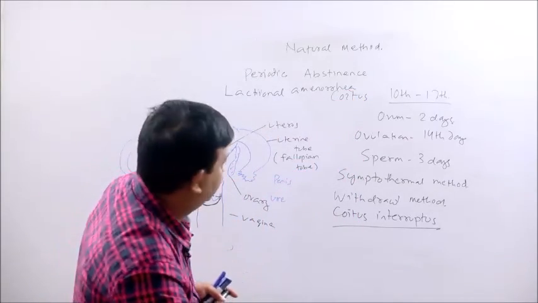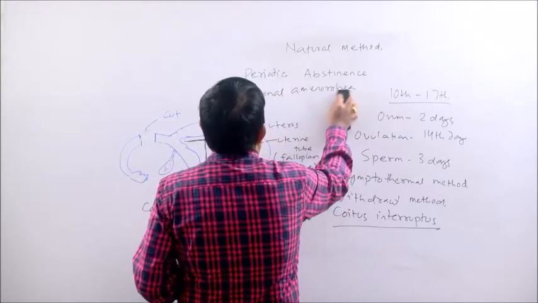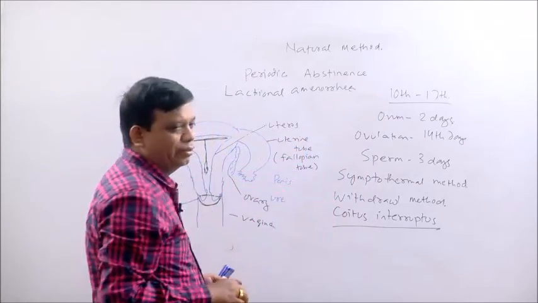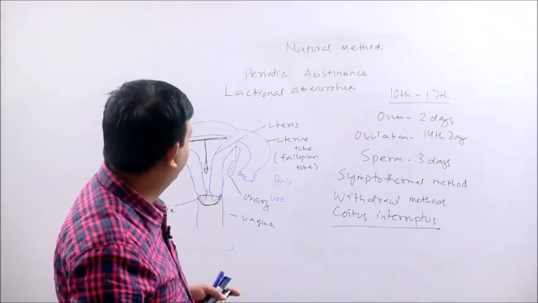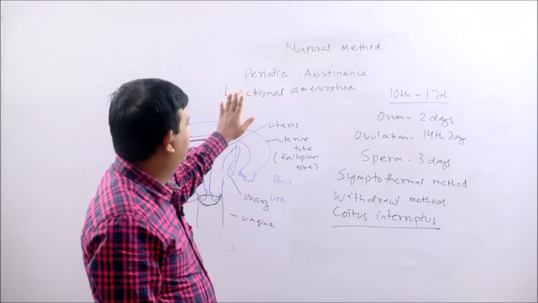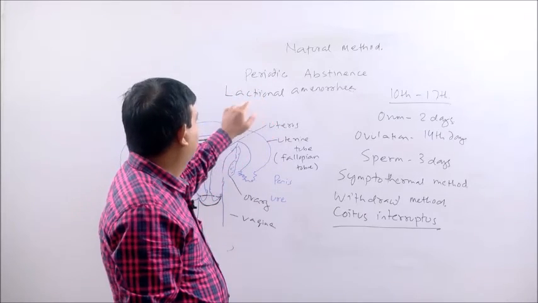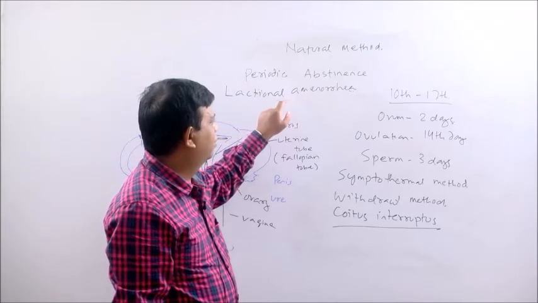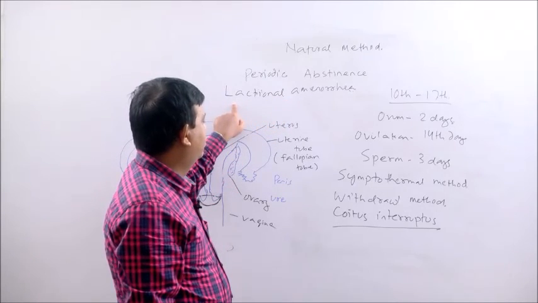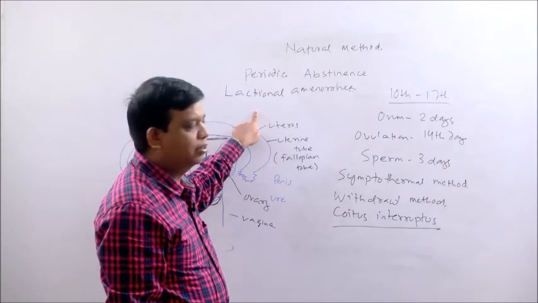Then finally, we have lactational amenorrhea, another natural method. Following childbirth, there is a period of 5 to 6 months when there is intense lactation.